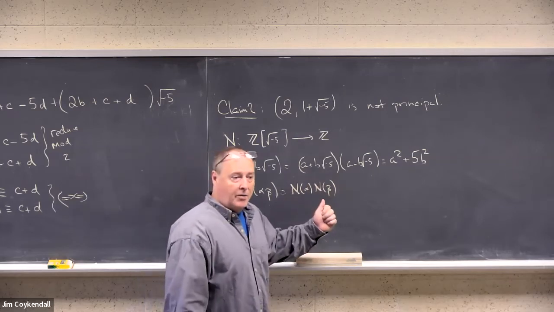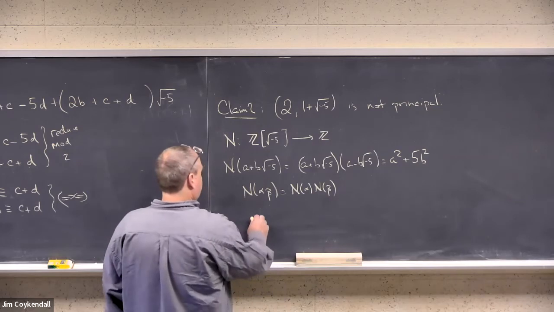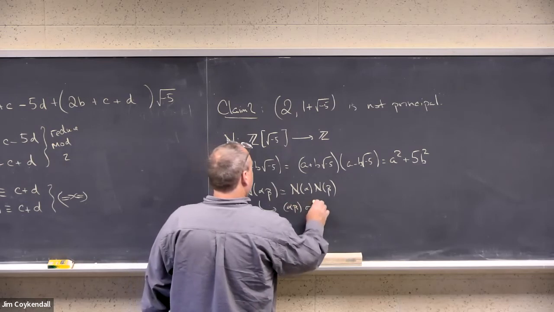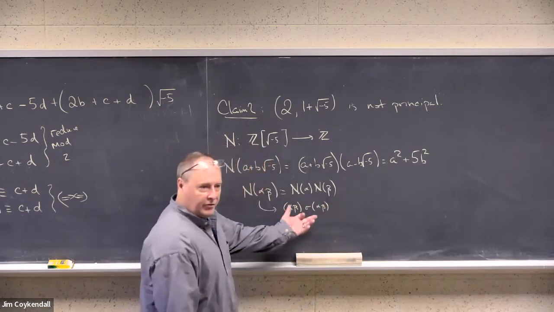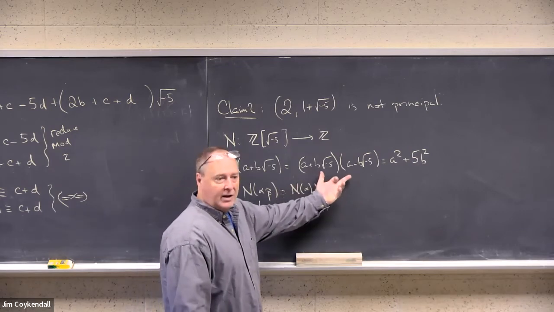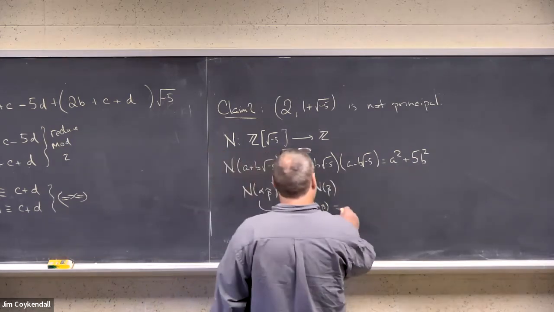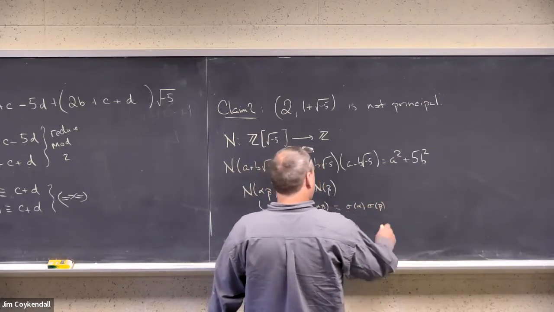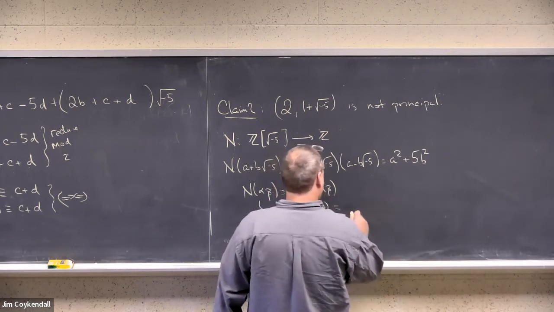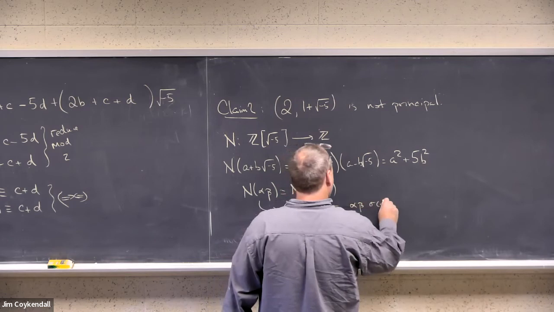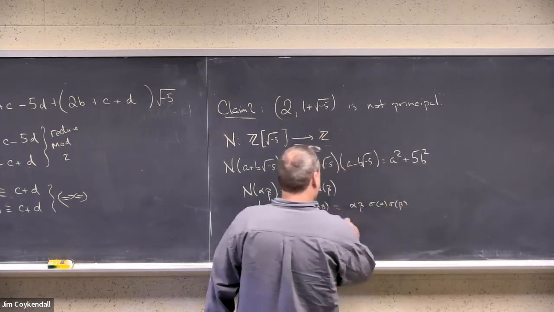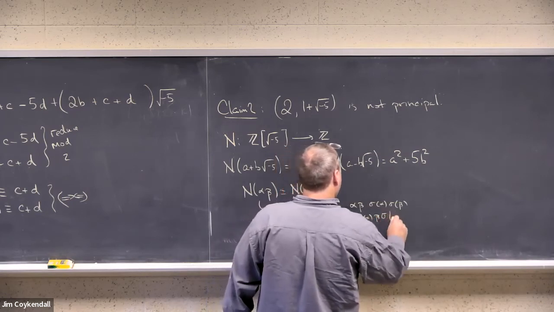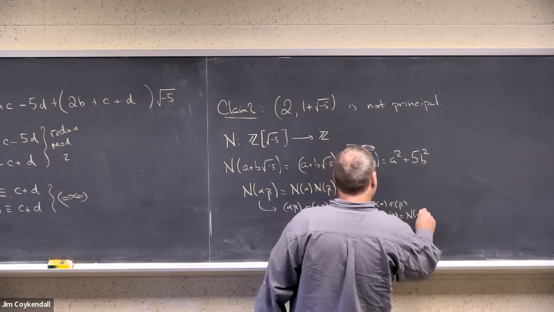But when you know a little bit of Galois theory, it's easy, because the norm of alpha beta is alpha beta times sigma of alpha beta, where sigma is the non-trivial Galois conjugation, and this is sigma alpha, sigma beta. So alpha beta sigma alpha sigma beta is alpha sigma alpha times beta sigma beta, which is norm alpha times norm beta.